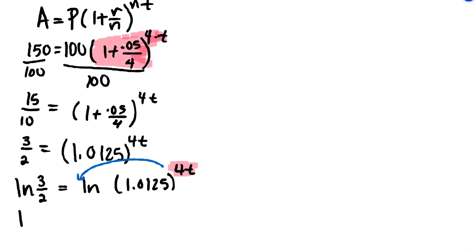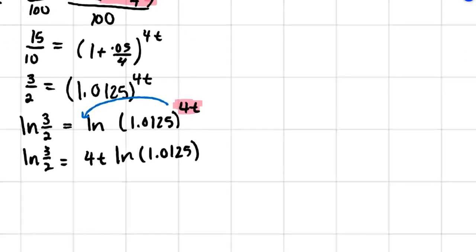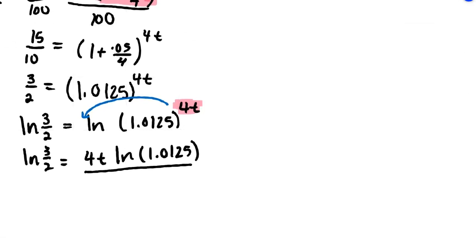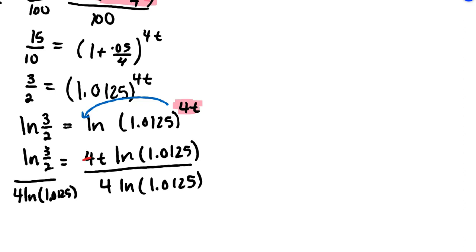So that's going to give me natural log of 3 over 2 equals 4t natural log of 1.0125. And now you can get t by itself by dividing both sides by 4 natural log of 1.0125. That's going to cancel the 4's and cancel the natural log, leaving me with t by itself on one side.